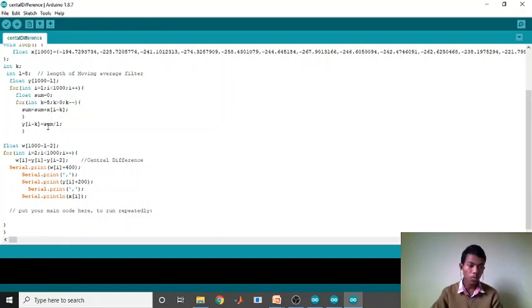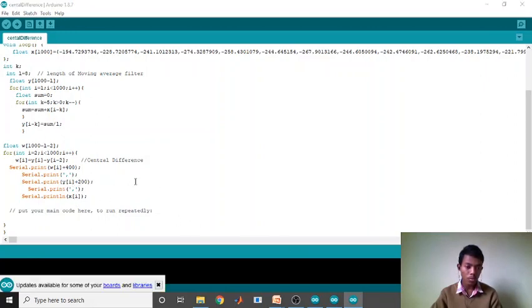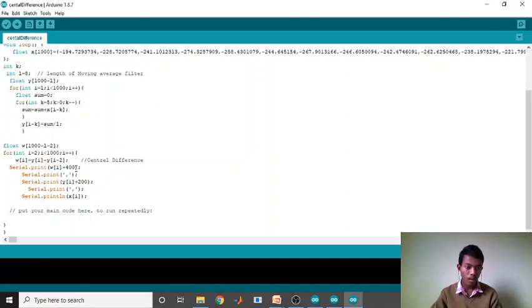Here my output, this smooth signal, is y. For that y I am calculating the central difference, y of i minus y of i minus 2. I am storing that in w, so I will plot here w and y and x, where x is the input signal, y is the output of the moving average filter, and w is the output of the central difference filter.